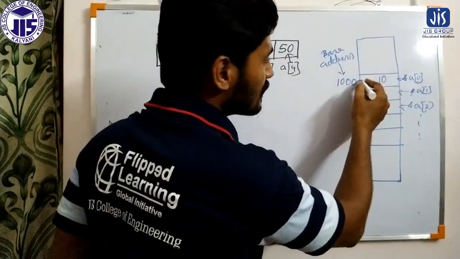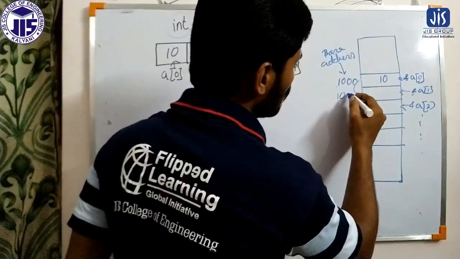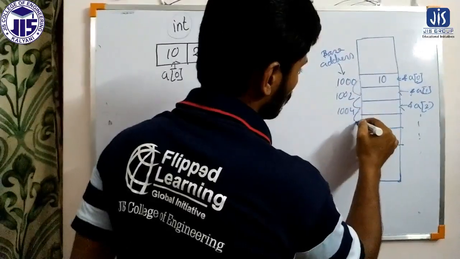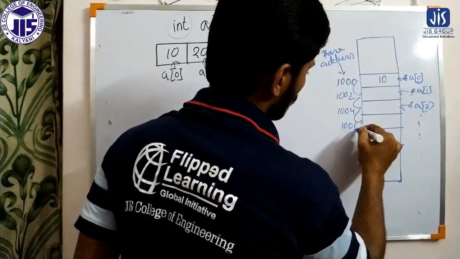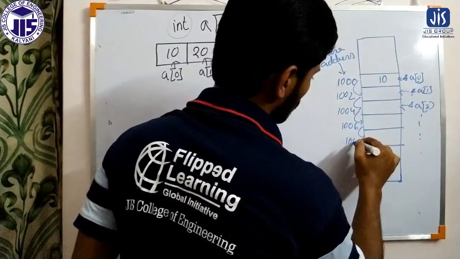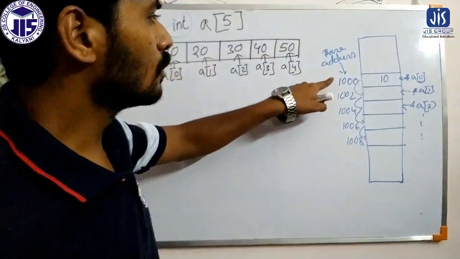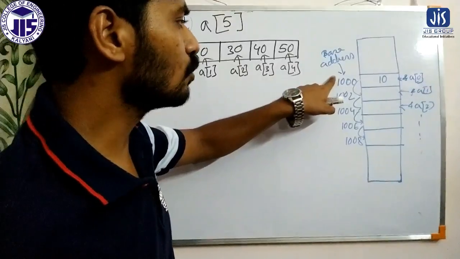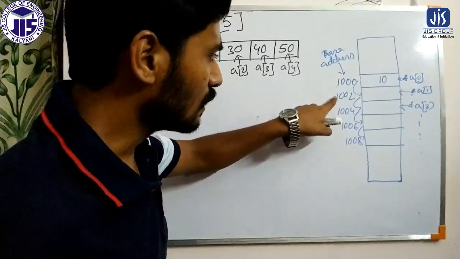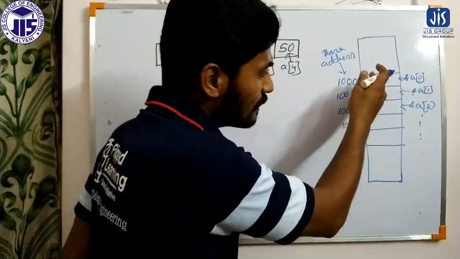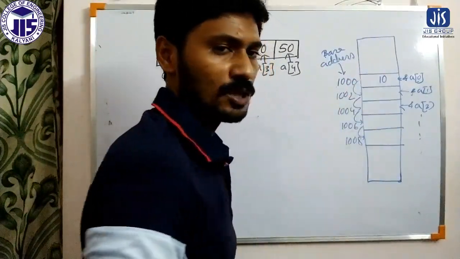So the next data will be stored in 1002 location, next in 1004 location, 1006 location and 1008. So the array stores the first element in the 1000 location and the last element at the 1008 location, and intermediate elements are stored in the continuous locations.